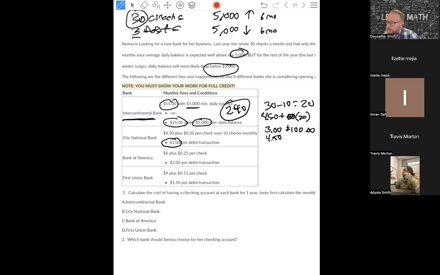So she's going to pay $107.50. I think I did that right. Over check 50 cents. So 4.50, 20 times 50 cents is $10. So yeah, $107.50. She's going to pay, that's not it.